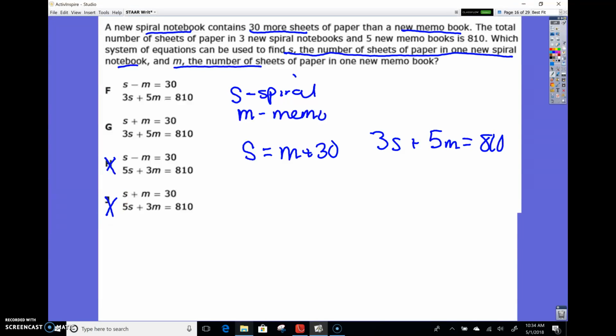You don't see an M plus 30, right? They put the S and the M on one side to put it in standard form. So the only way to make it in standard form, we subtract M from both sides. So we got S minus M equals 30.